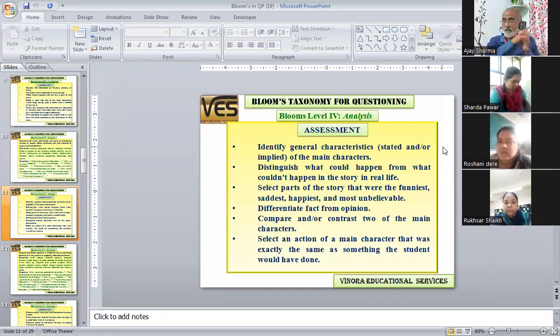Compare in the comprehension part means the child has to express his own ideas. How do they perceive? And compare in the analysis part is exactly what you look at. With the comprehension example, compare gives you an expression of what you perceive.